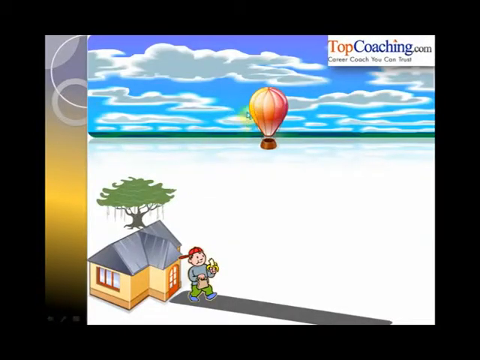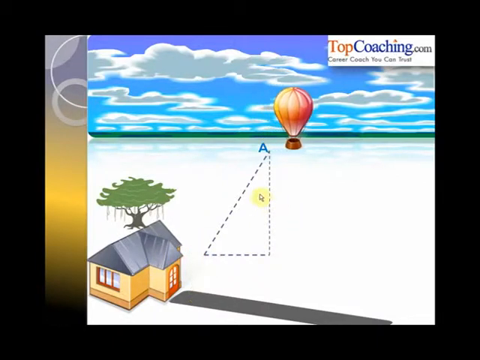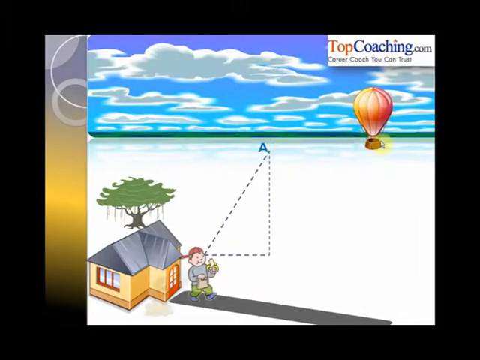Let's take one more example. Let us say that this is a balloon and this is flying in the air, and this is moving horizontally towards the right side. Now there is a boy who observes this balloon at a position A. Let us say that this position of balloon is A. Now this boy gets so excited that he goes into the house and calls his dog. So in the meantime, this balloon traverses horizontally and it reaches this point.